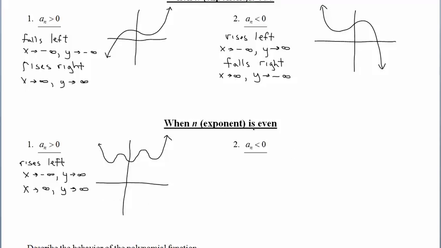And the fourth and final case, considering when n is even, if the coefficient, the number in front of that term, is negative, think of a negative x squared graph that opens down, or a 4th degree or a 6th degree. Both ends would be down. So we fall to the left and we fall to the right.